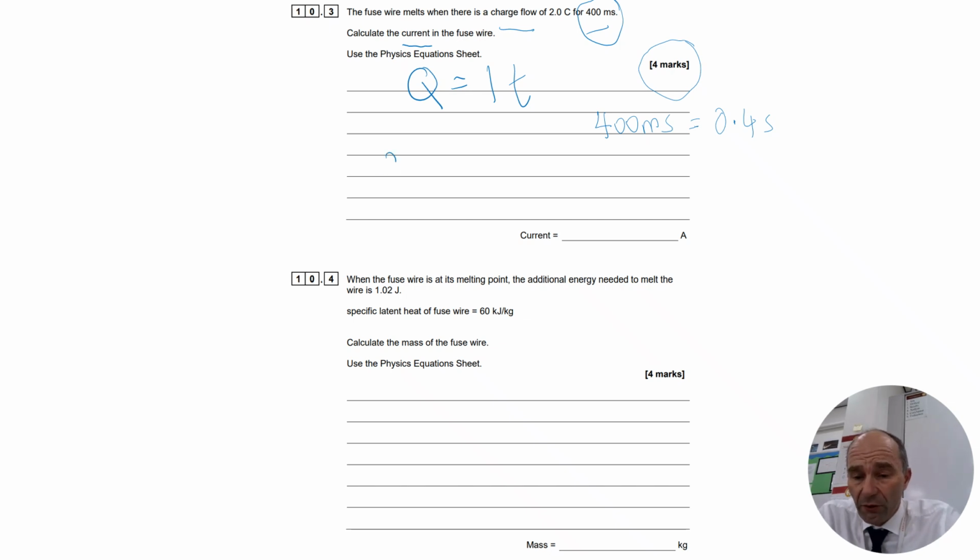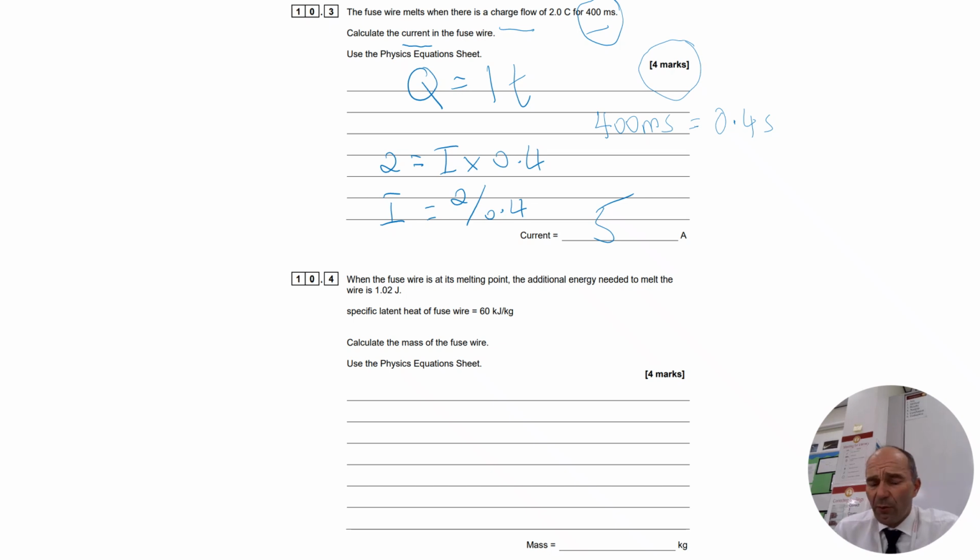So we've got 2 equals, we don't know what the current is, I times 0.4. I therefore is going to be 2 divided by 0.4, which gives us a current of 5 amperes. So in this case, the numbers are relatively straightforward.